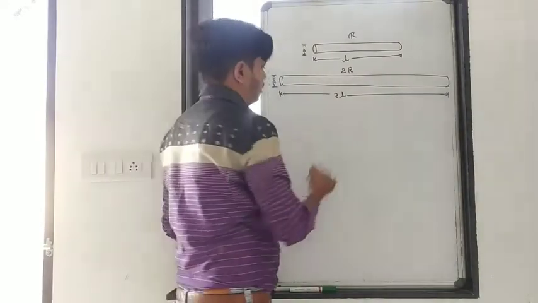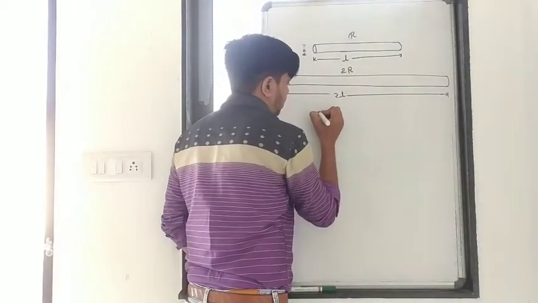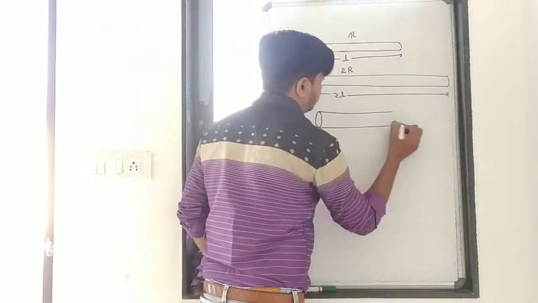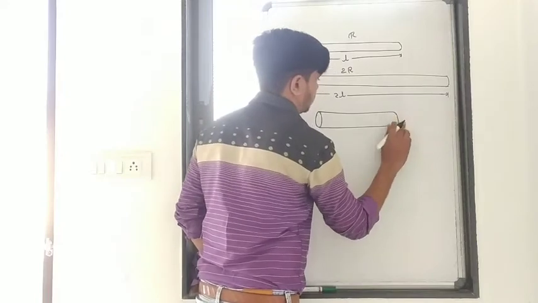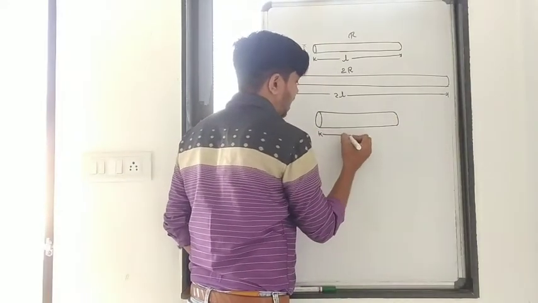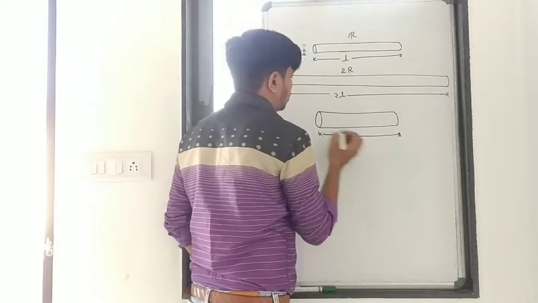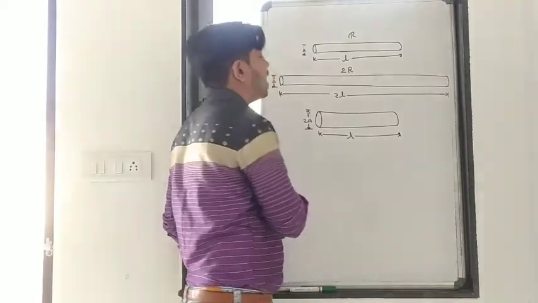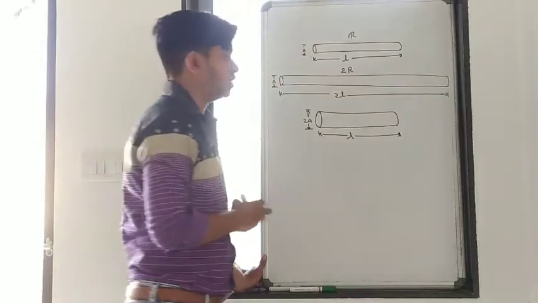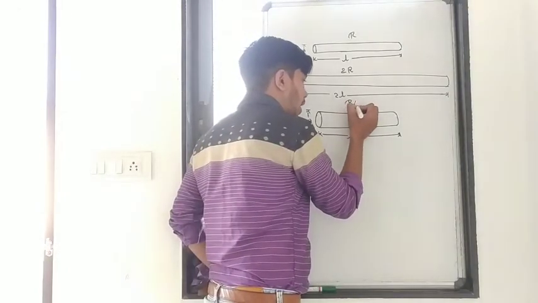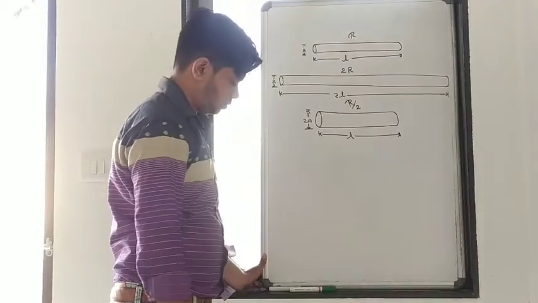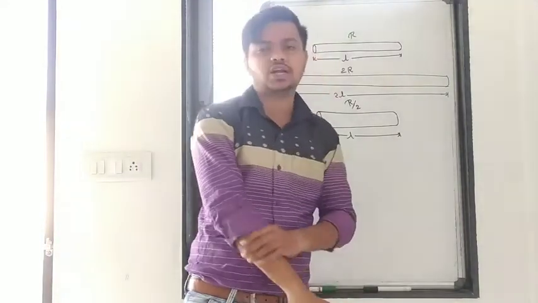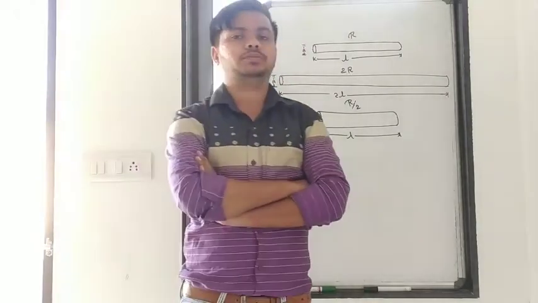Now I am taking the same material but a higher cross-sectional area. The length is the same, which is L, but the cross-sectional area becomes double, which is 2A. And when I measure the resistance, it becomes R by 2. If this activity is done by you, then what is the conclusion according to you?